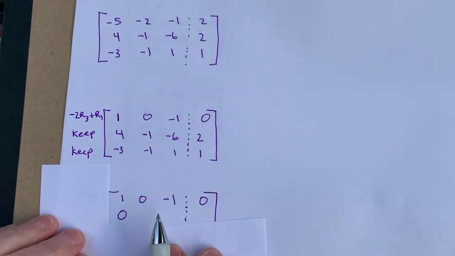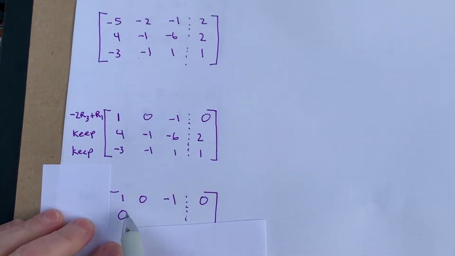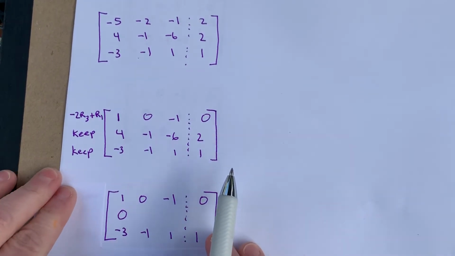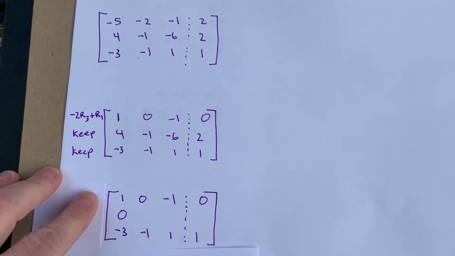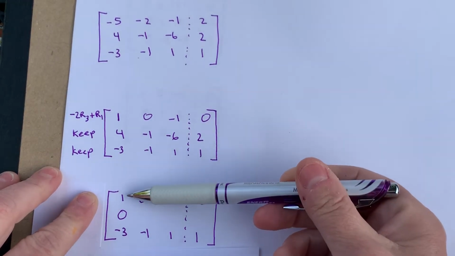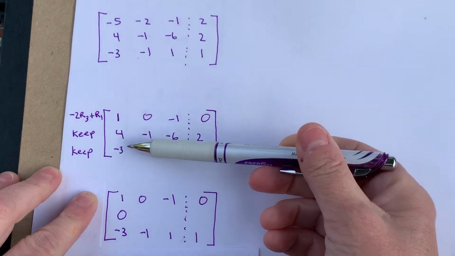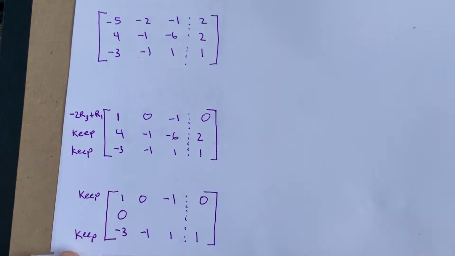What we want to do is think about what we would have to do to get that to be a 0 there. We're going to keep the top row, make that a 0, keep the bottom row exactly the way it is, and what would I need to do to get that situation? Well, it looks to me like if I took -4 times that and added it to that, I would get a 0 there.